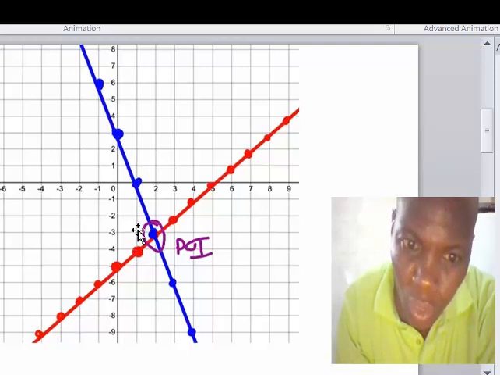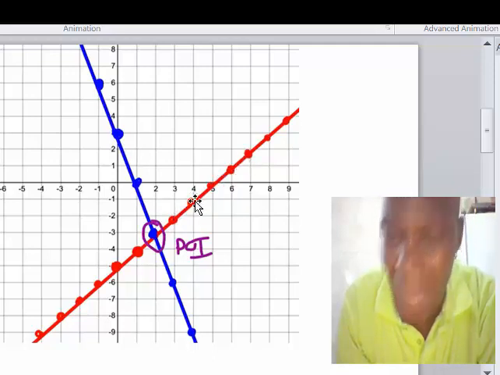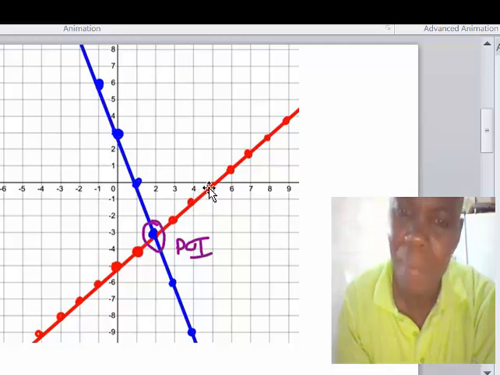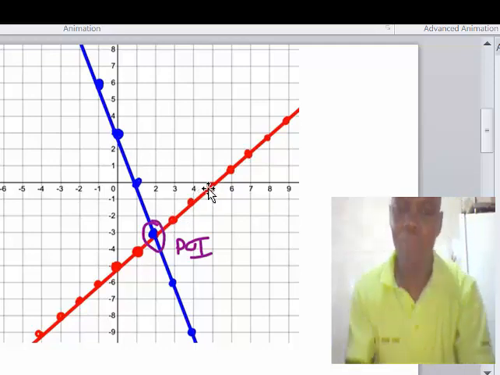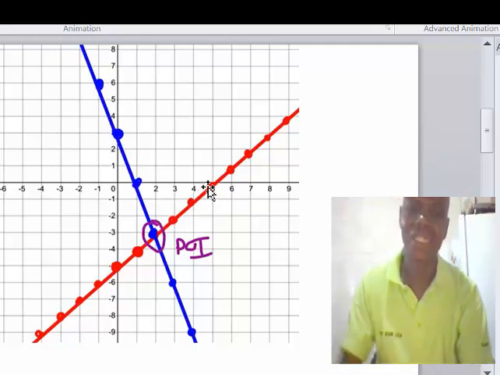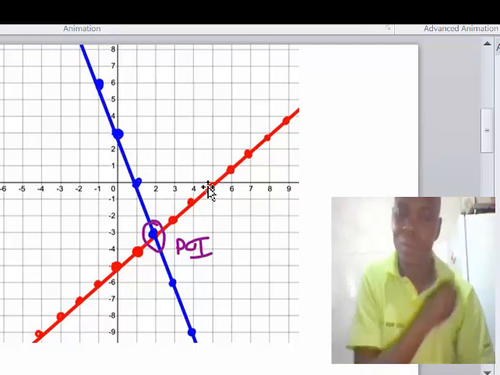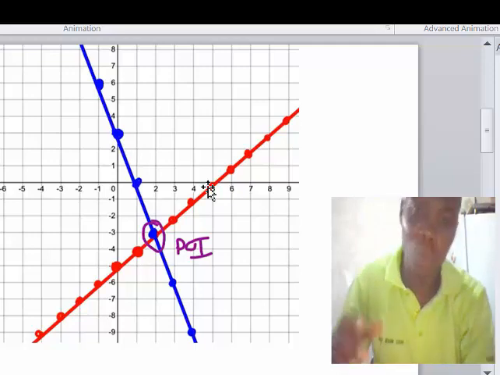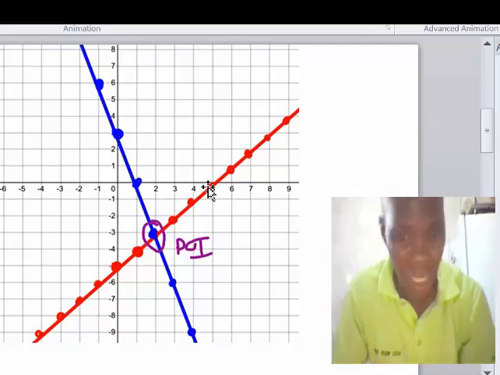You rise once, you run once, you plot, and so forth up the line. So the line goes from the right hand side to the left, because when you draw the line, it goes down from right to left.